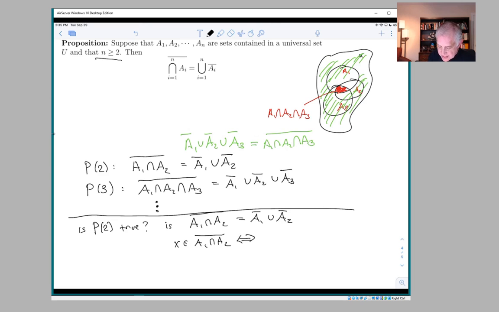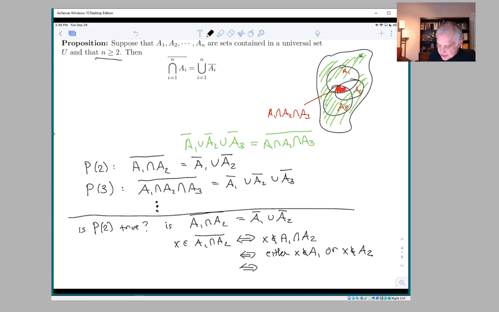That x is not in A1 intersect A2, which means that, this is an and, to not be in the intersection means if you're not in A1 intersect A2, you're either not in A1 or you're not in A2.